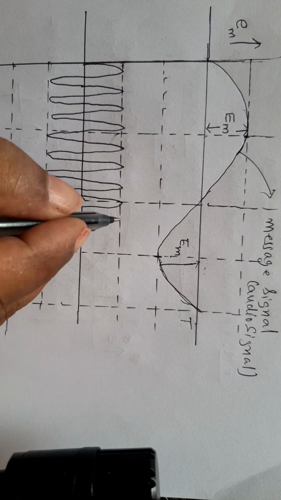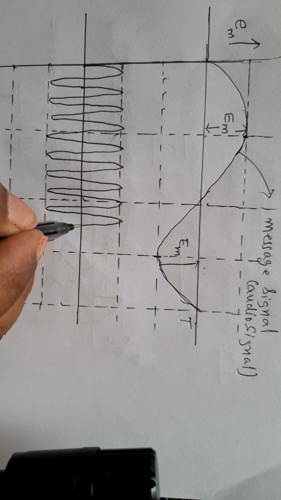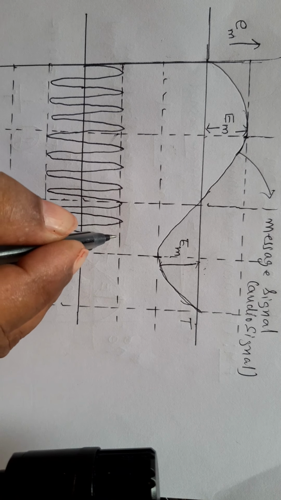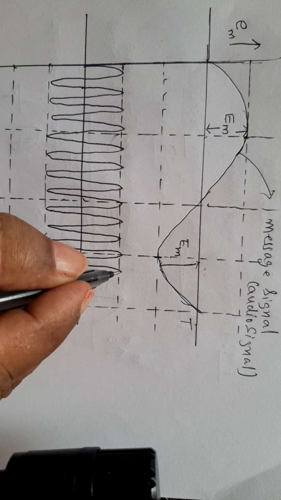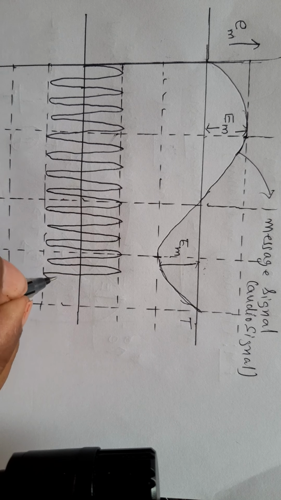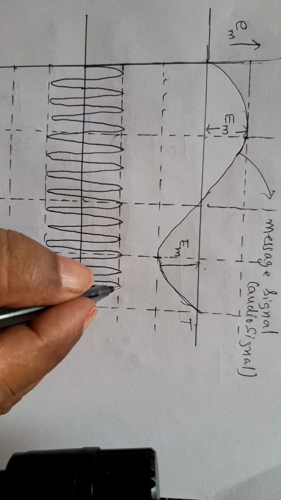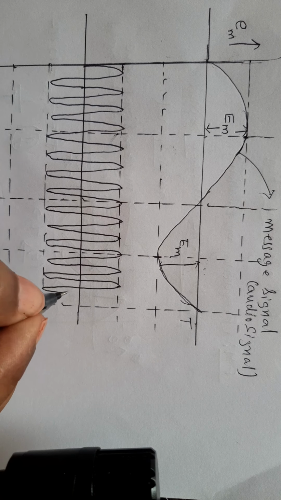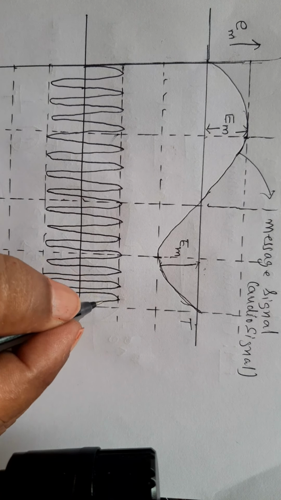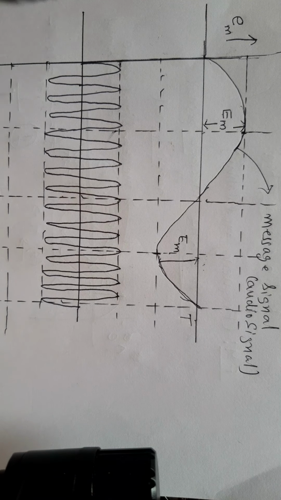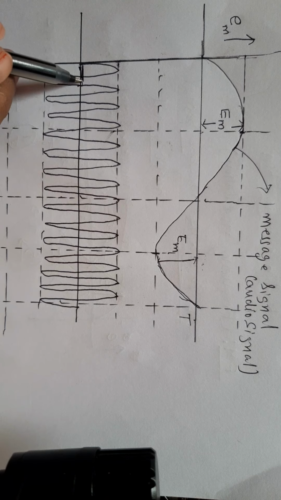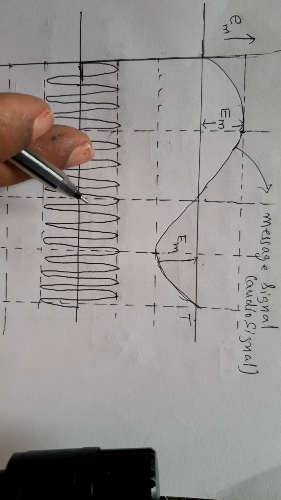All the waves have equal period. While writing you may find some differ, but just think that all waves of this carrier have the same period. The period remains constant.